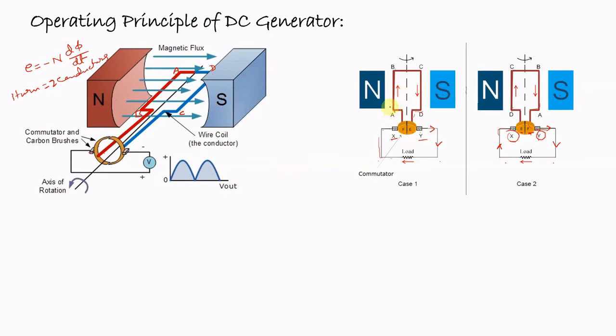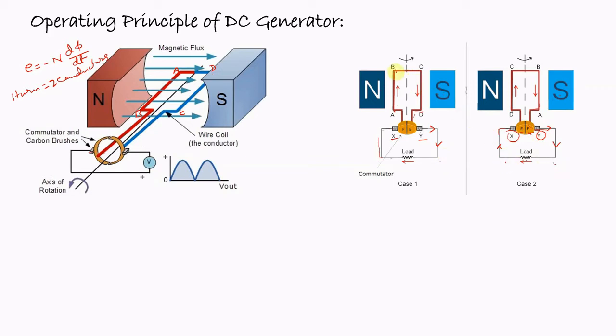For example, here under the north pole it is from A to B, and when it is under the south pole it is from B to A. But in both cases, as the commutator is also rotating and the connection to the external load is through the brushes and commutator, the direction of the current through the load is always unidirectional. It is always from right to left.